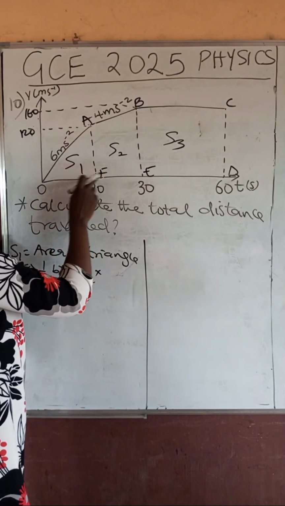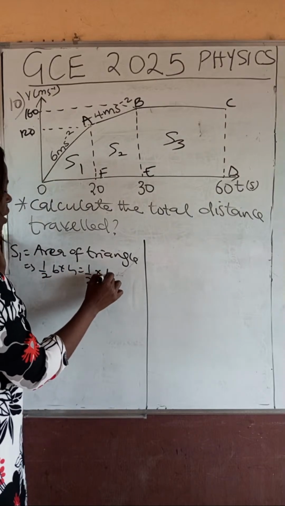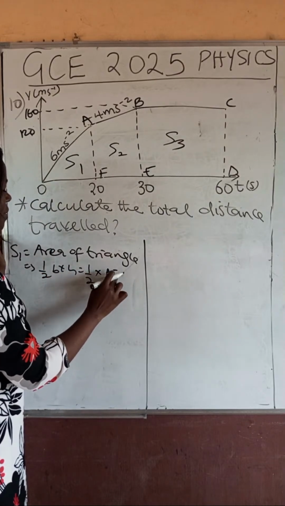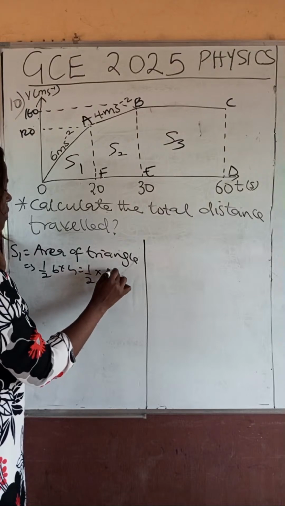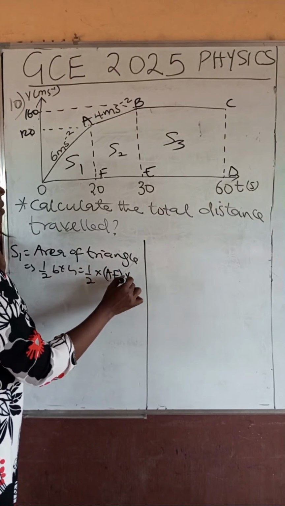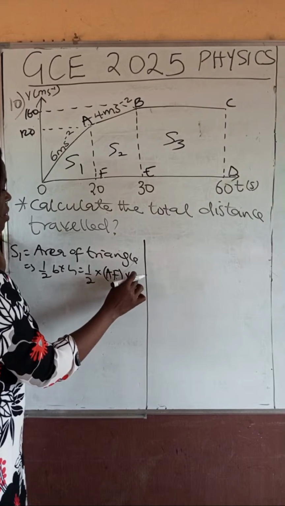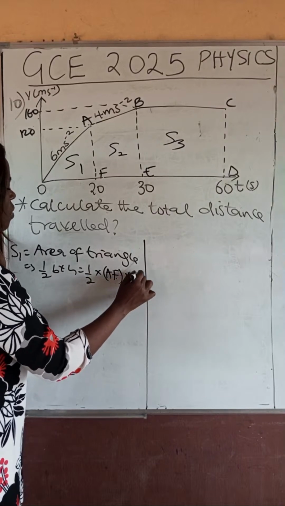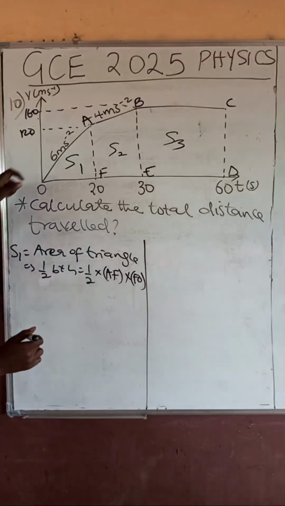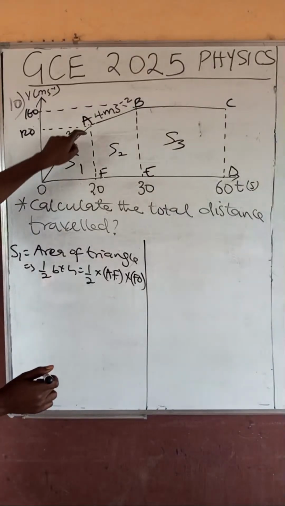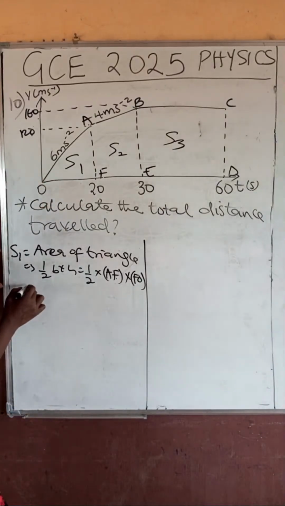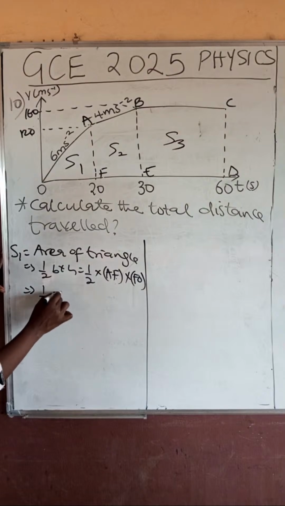AF, and my height is EO. So I go AF times FO. Now this is my base, while this is my height.